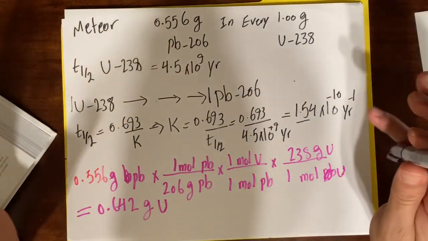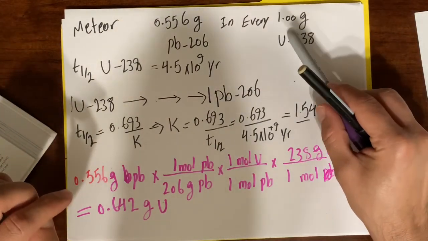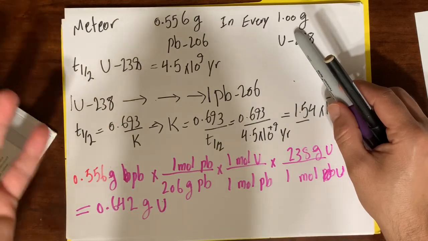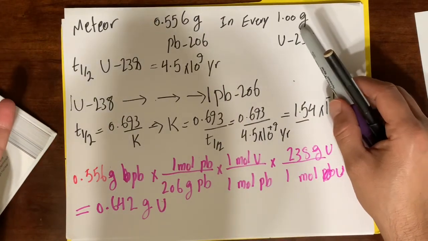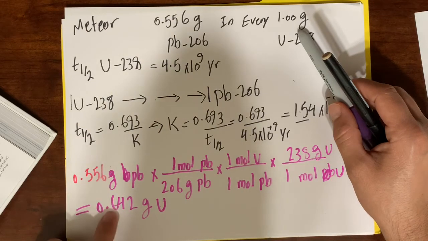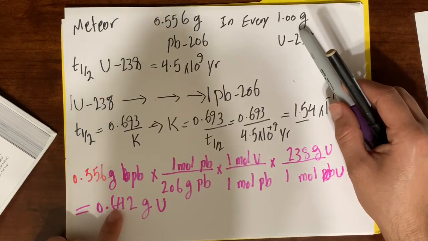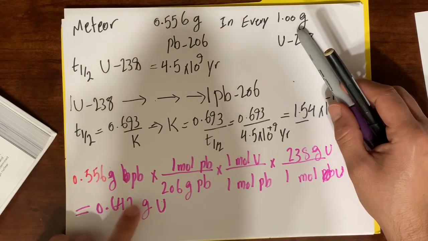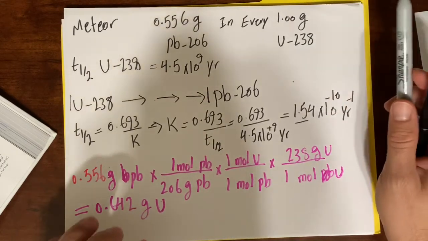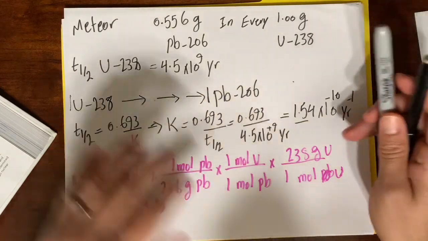So what was the initial mass? Initial mass is going to be equal to whatever we have right now, which is 1 gram, and whatever we lost, which is 0.642. So the initial mass is going to be 1.642 gram of uranium. And the current is going to be 1, okay?